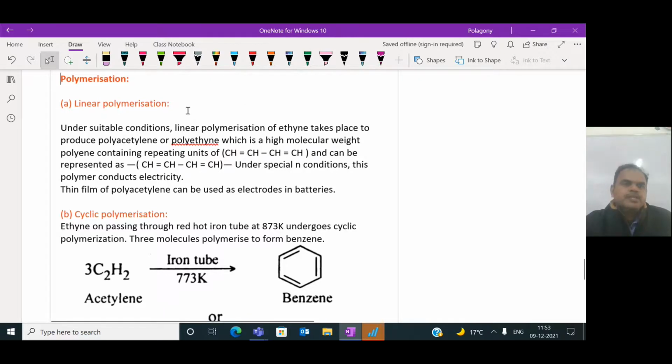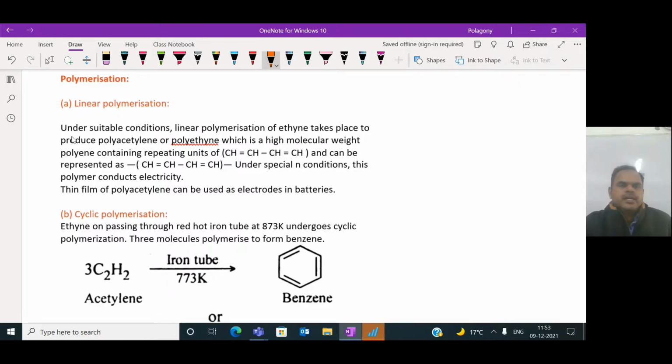In polymerization, there are two types: one is linear polymerization and another is cyclic polymerization. What is linear polymerization? We already discussed polymerization in alkenes.